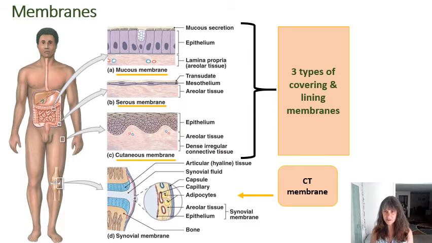Mucous membranes have special cells within them that will produce mucus, and serous membranes we know are going to produce serous fluid that helps to reduce friction and provides lubrication for organs inside the ventral body cavities. Cutaneous membranes are what we see on the outside of our body. Your skin is a cutaneous membrane.